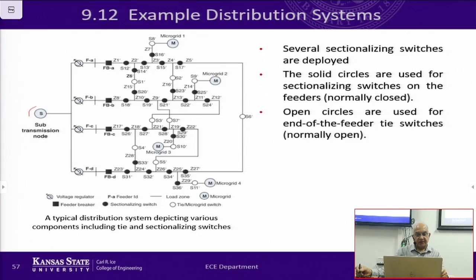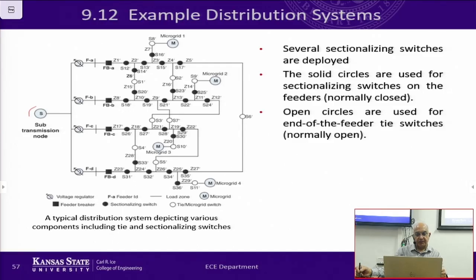Square boxes are circuit breakers, and solid circles are sectionalizing switches. You've got the simple switches, and then the open or tie microgrid switch. You can use this as an open switch, but they can be interconnected when needed.